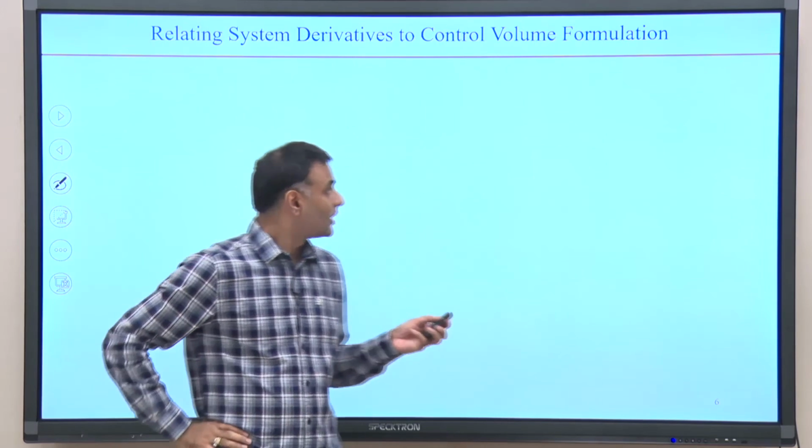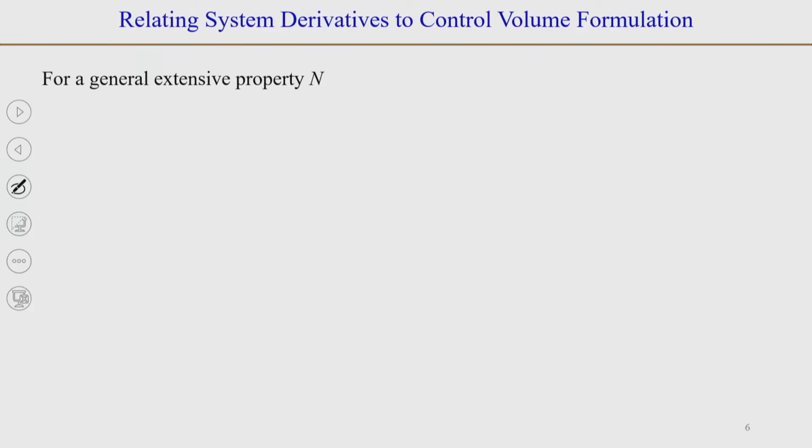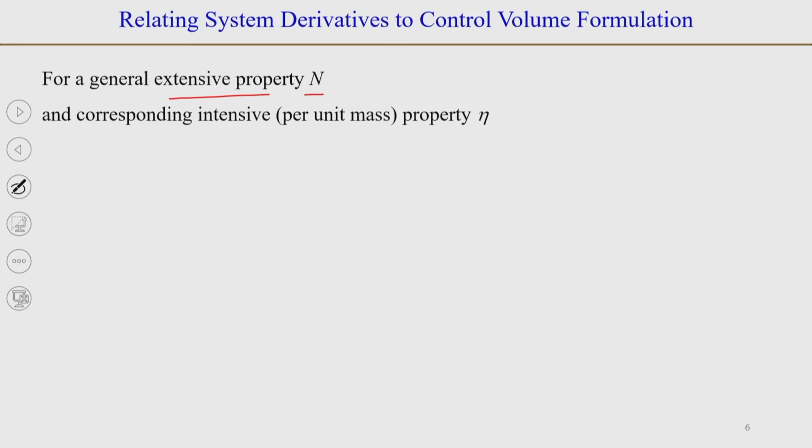Okay. So, before we do that, we will define a general property, which is an extensive property N, and then corresponding to each extensive property, we will also define an intensive property, which is extensive property per unit mass.